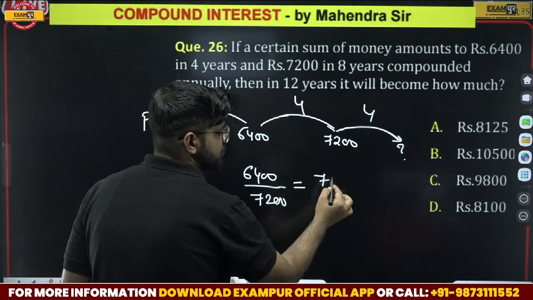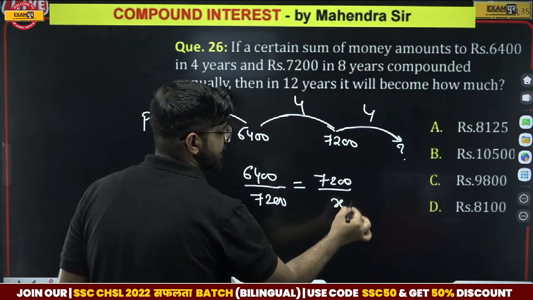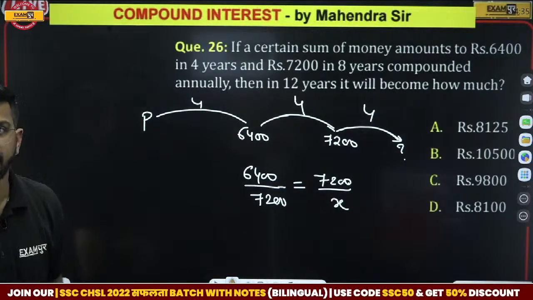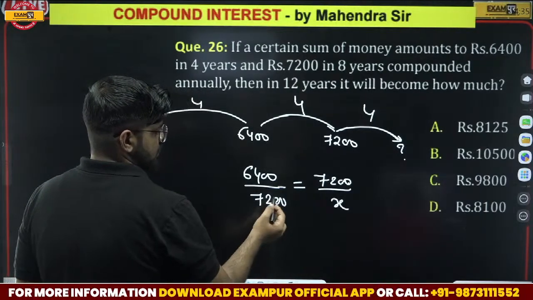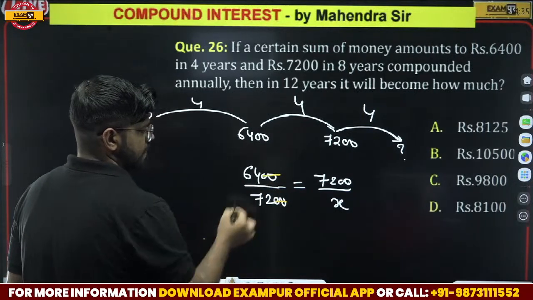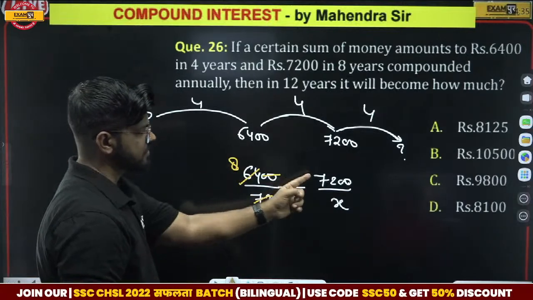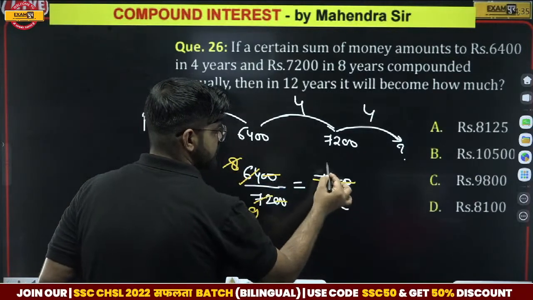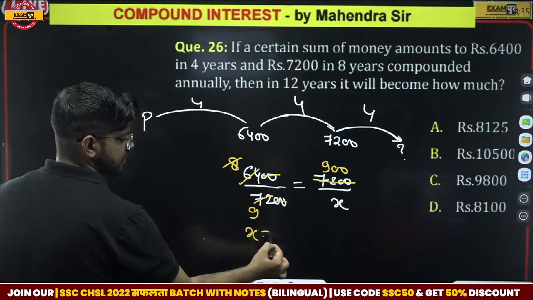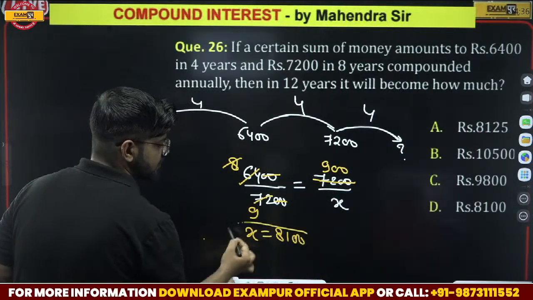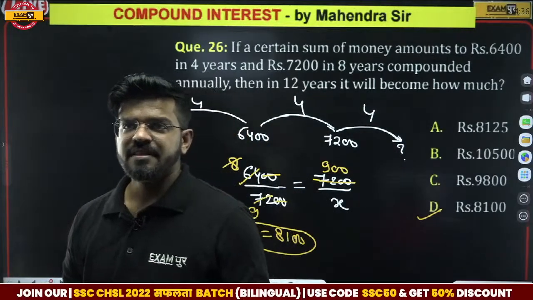The ratio of these two, and here is X that we have to calculate, right? 8 8s are, 8 9s are, so this becomes 900, and X becomes 9 9s are 81. And see, if you know the concept, everything is fine.